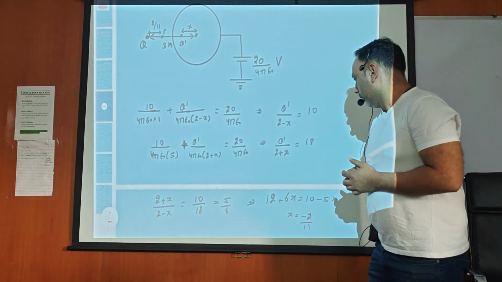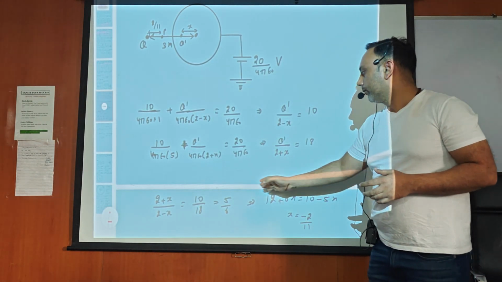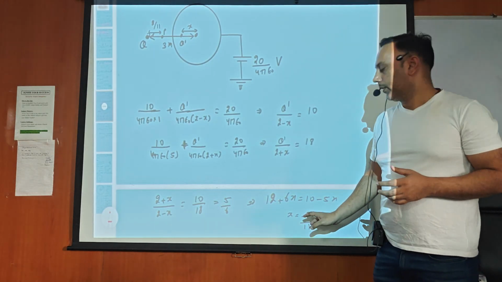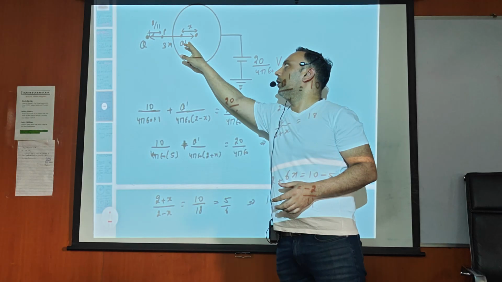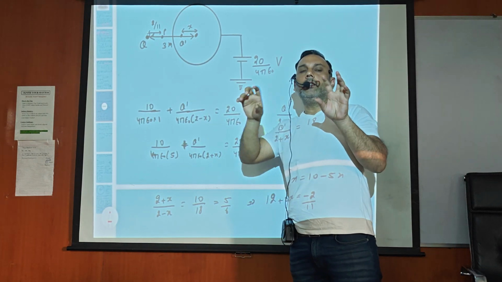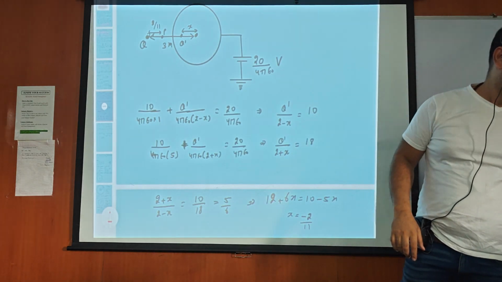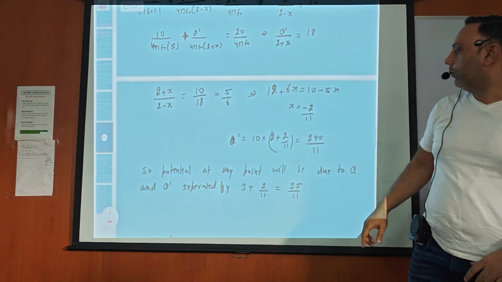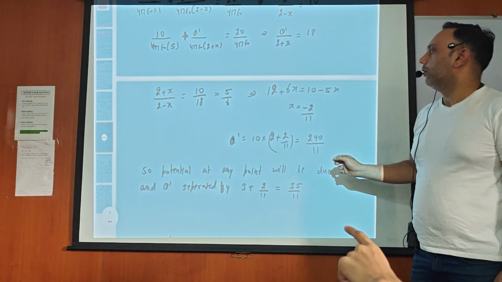Yesterday in the night time only I did the calculations, and you can recheck my calculations later. So I am getting x as minus 2 by 11. If you place some q dash charge there, then this configuration is equivalent to the given configuration. And the q dash charge I am getting is 240 by 11 on solving.